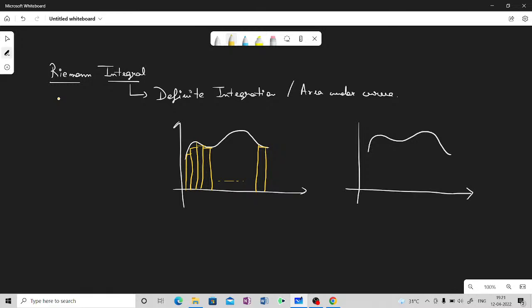For example, suppose we take rectangles of something like this sort. Let's take it like this.